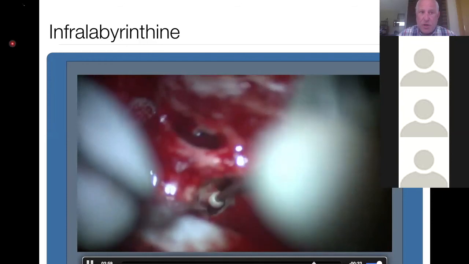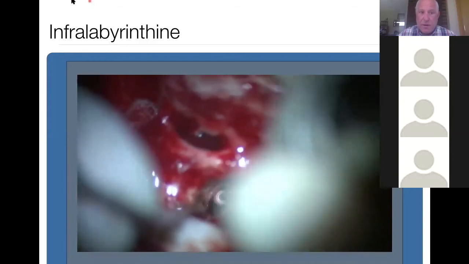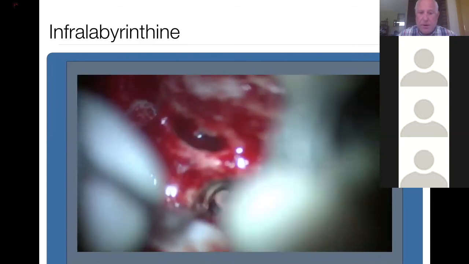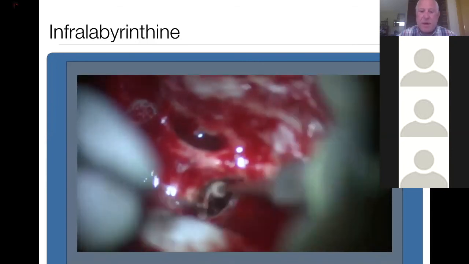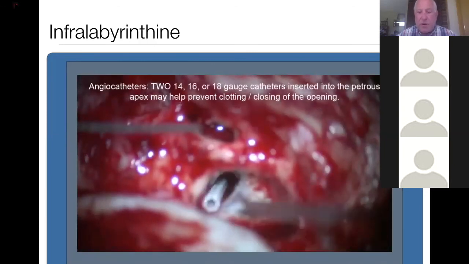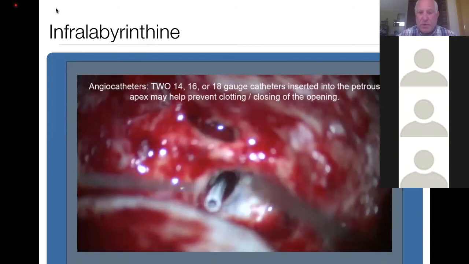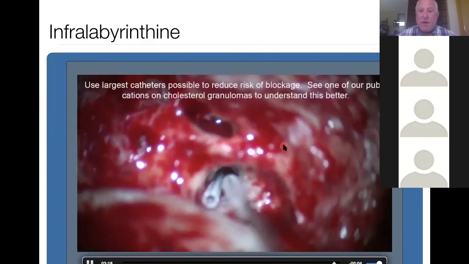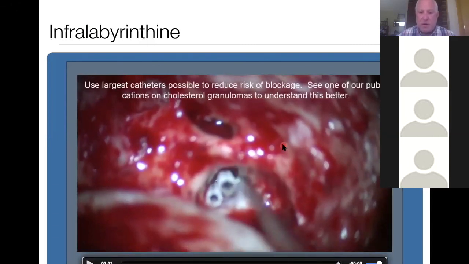Again, we're enlarging the opening. Careful. Everything is careful, paying attention to the noise of the drill, what you see, what you feel. And now we're going to put the silastic tube in, just like we did in the other case. And this time, instead of draining in the middle ear, we're going to drain into the mastoid. And then we close accordingly.